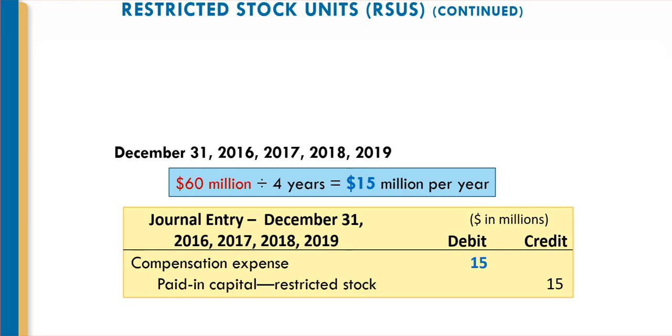So you need to spread the 15 million rather equally throughout each of those years. You're hitting the income statement each year for 15 million. You are adjusting paid-in capital so that it grows and grows, and at the end, December 31st, 2019, or January 1st of 2020, the total amount in paid-in capital is going to be that 60 million.